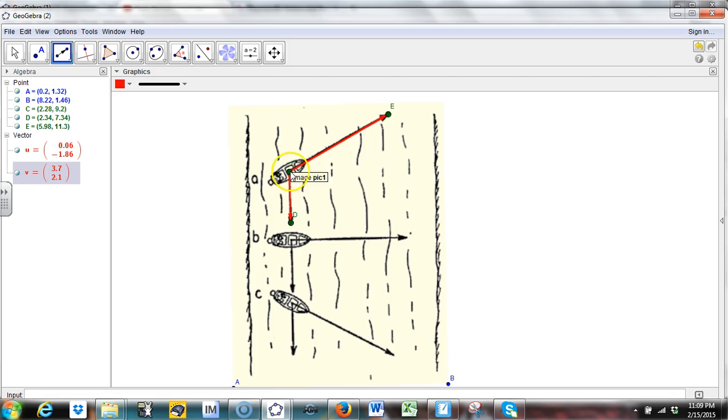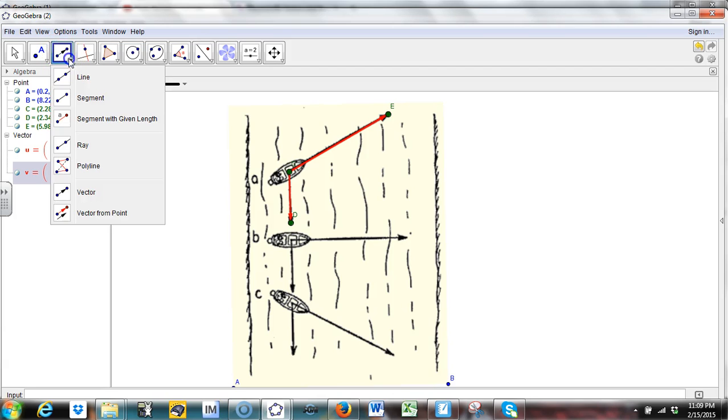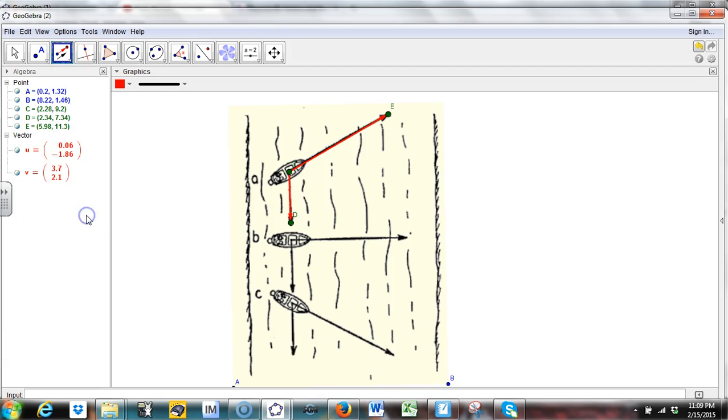To figure out where this boat is going to end up, we can add our vectors. We could take this vector and put it on the end of this vector. So I'm going to use my vector from point tool. You're going to hear the word vector about 200 more times, I think. I'm going to click on this point E to start my vector, and then click on this vector here to add it.